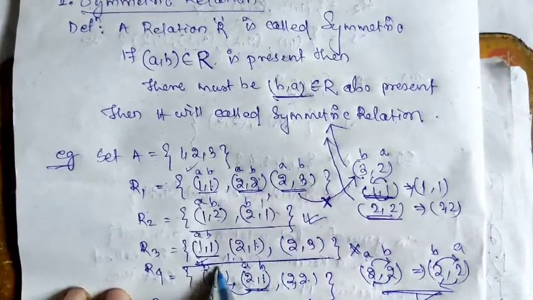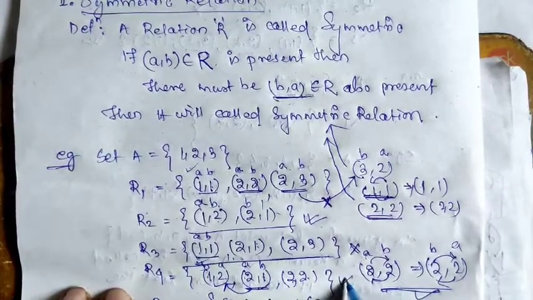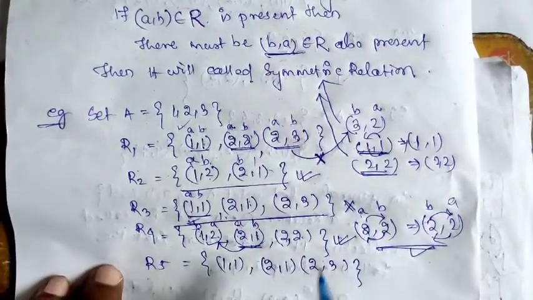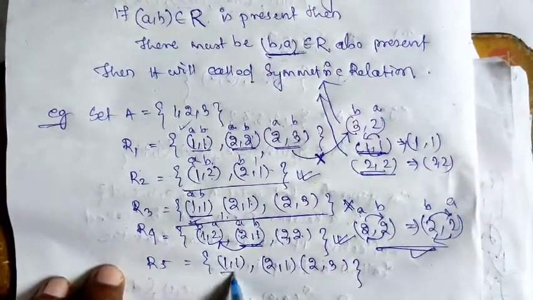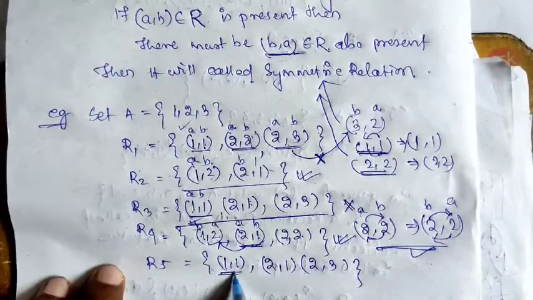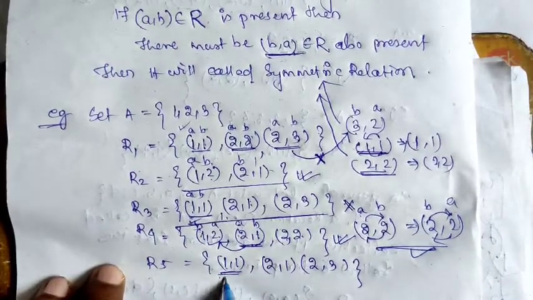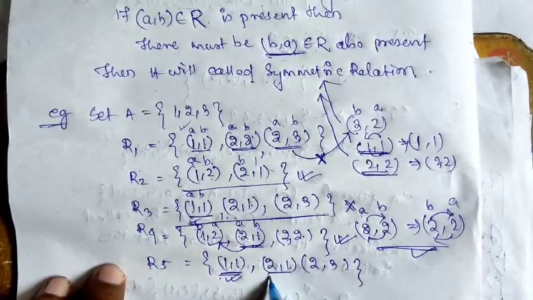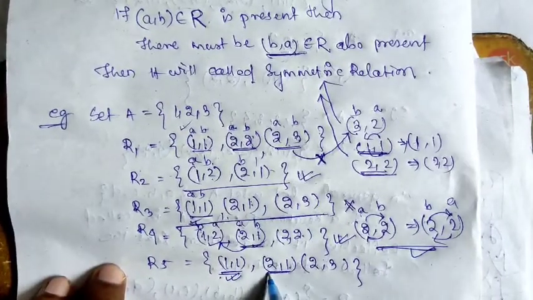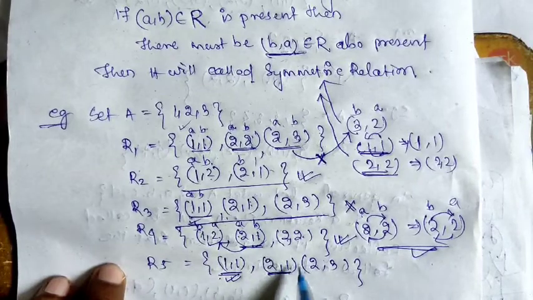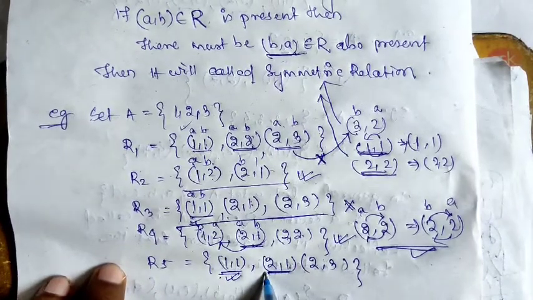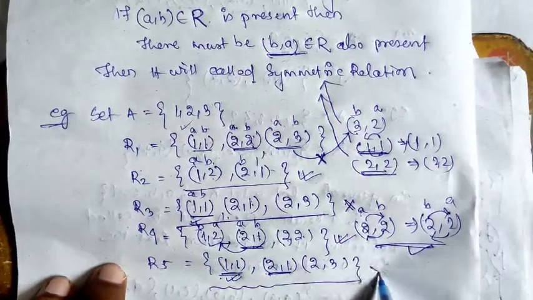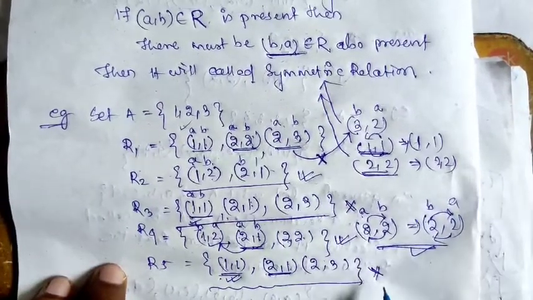That is BA. So it is a symmetric one. In the fifth example, 1, 1 is present, so if we alter the position we get AB and BA. So it is satisfied. 2, 1 is present, so the altered order pair, 1, 2, must be present, which is missing. So it is not a symmetric one.